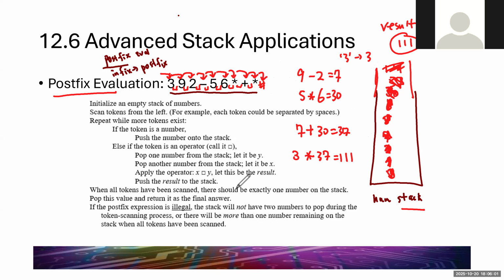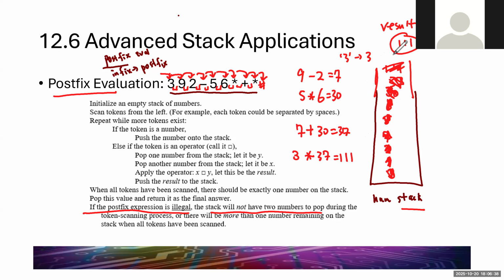We do use the stack. During the operation, each time you have an operator, you need to pop two numbers out. If there are not two numbers for you to pop out, that means the postfix expression is invalid. That's one scenario.